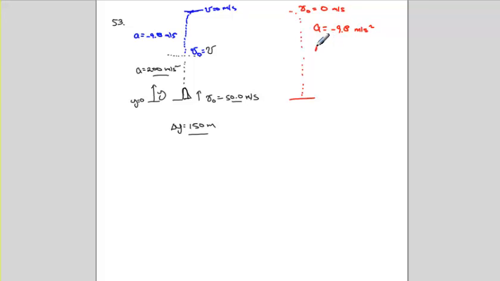And delta y is going to be equal to 150 meters, which is this part, plus delta y from the blue part. So from here we're going to calculate delta y. We're going to calculate v. Actually, we already know v. We can calculate t.